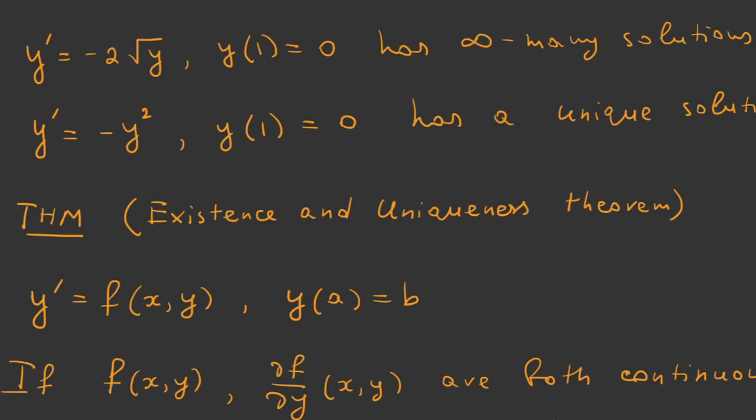It is continuous in one case and it is discontinuous in another case. But why does that condition on the partial derivative with respect to y enter in the statement of the existence and uniqueness theorem? Why is this important? Let me first remark that both of these equations that we've considered in this example are autonomous differential equations.